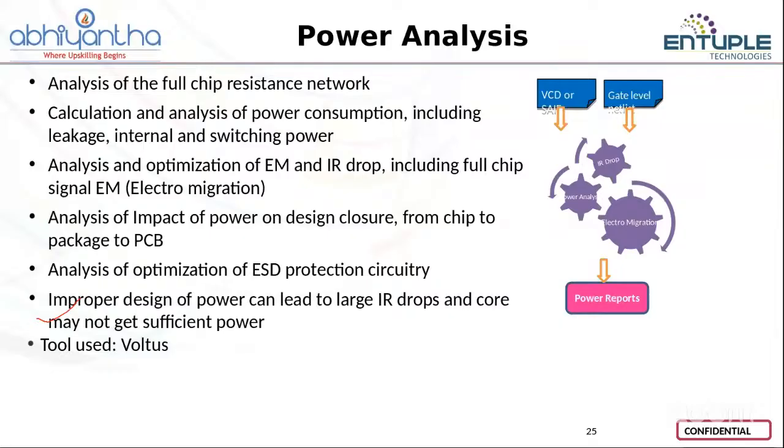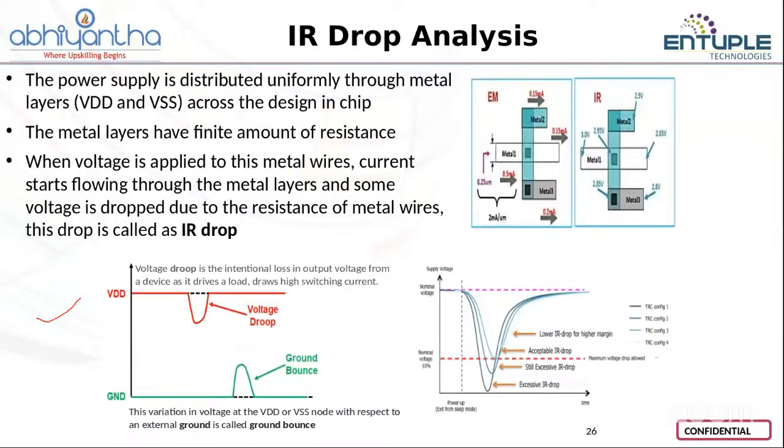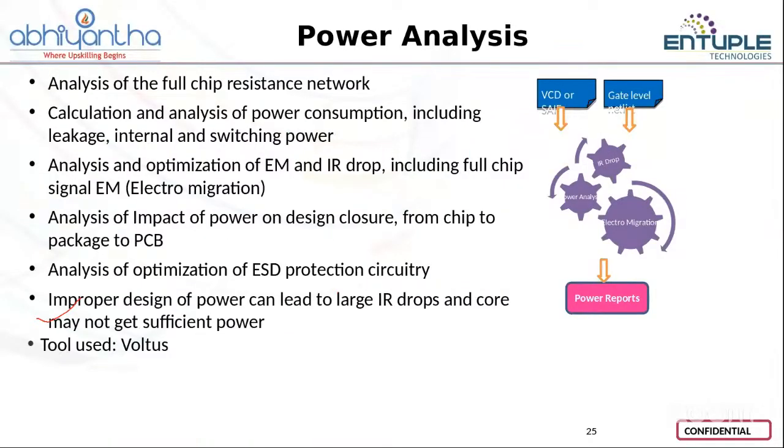Then you can go for the power analysis. For the power analysis, you need to go for your voltage tool, and here you can analyze not only the power, but also the leakage, internal and switching power. All these things you need to focus on, and EM, that is electromagnetic effects, and IR drop, any voltage drop inside your logic.